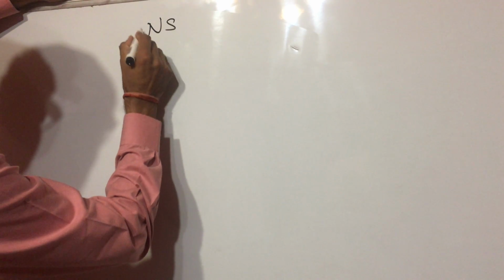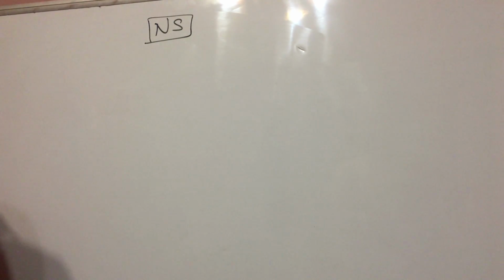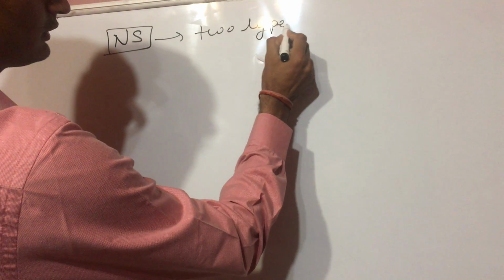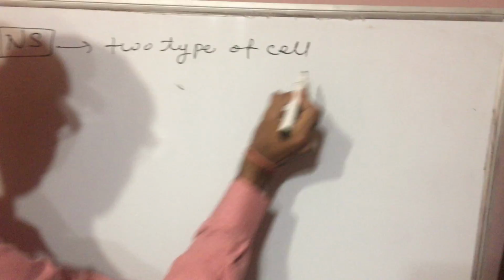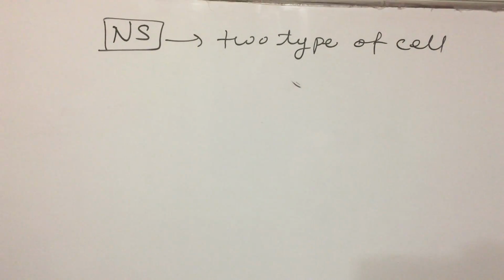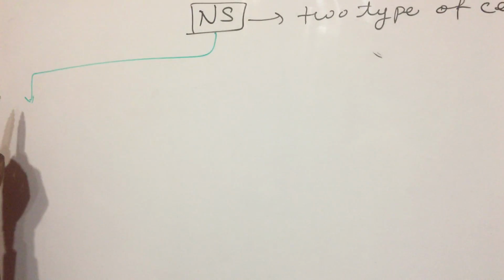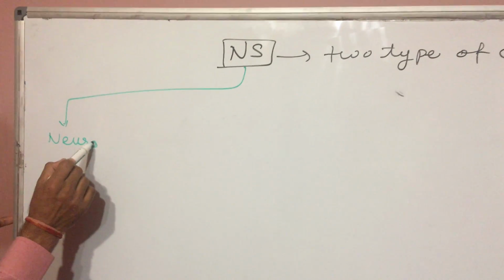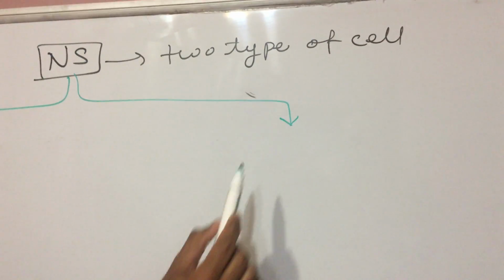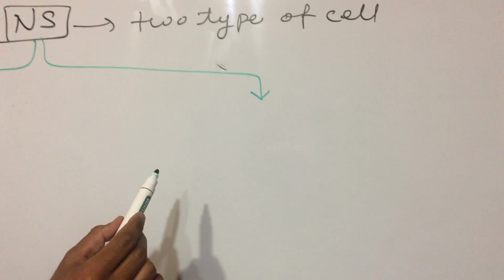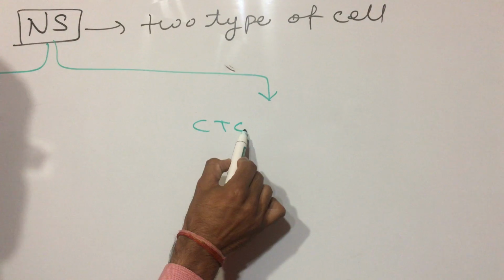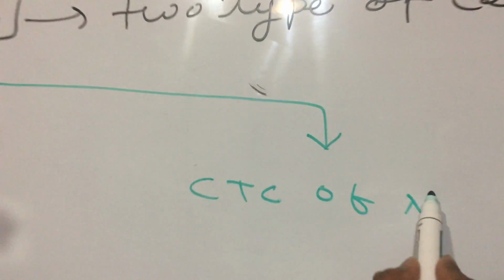Nervous system. The nervous system has two types of cell. First is the neurons, and second is the connective tissue cell of the nervous system.